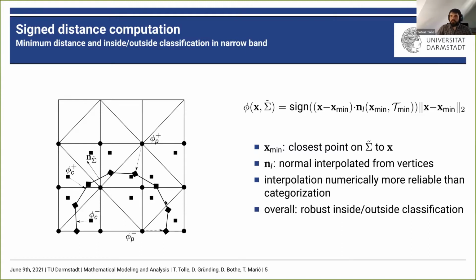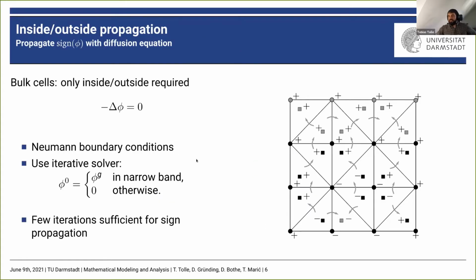Maybe a note on computational times. For efficiency reasons, we geometrically compute the signed distances only close to the interface, but not far away in the bulk. So as a next step, we need to propagate the inside-outside information to the rest of the domain.